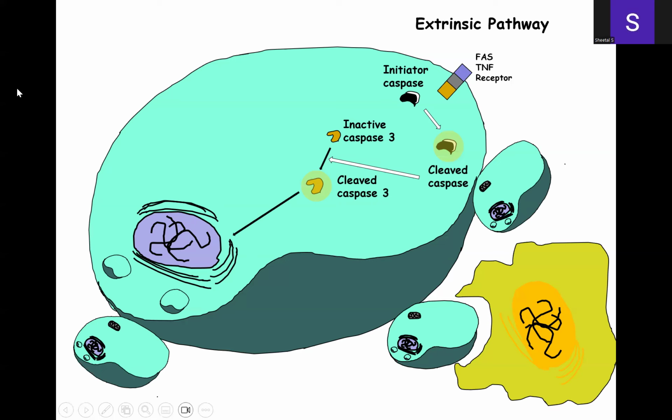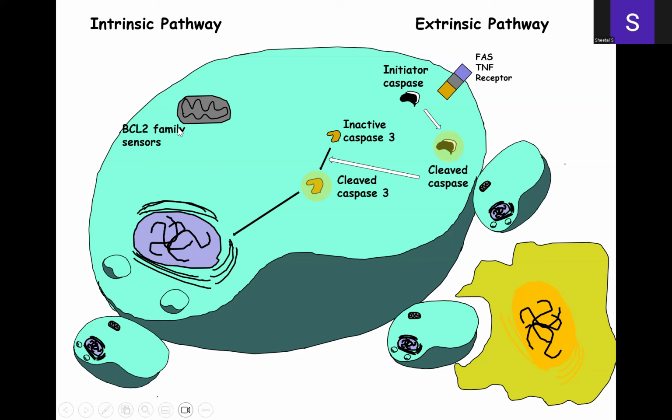Secondly, we have the intrinsic pathway. This pathway basically involves the role of mitochondria. This pathway is triggered by sensing some kind of damage, such as DNA damage. This damage is recognized by specific sensors, such as the BCL2 family sensors.